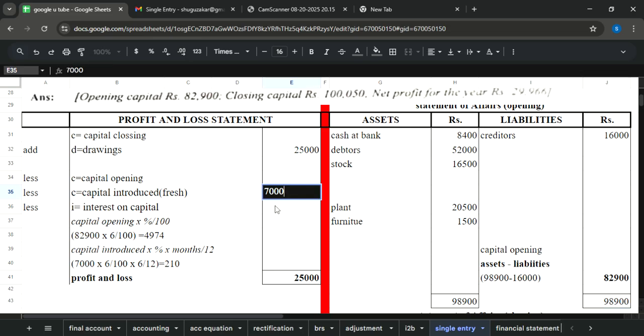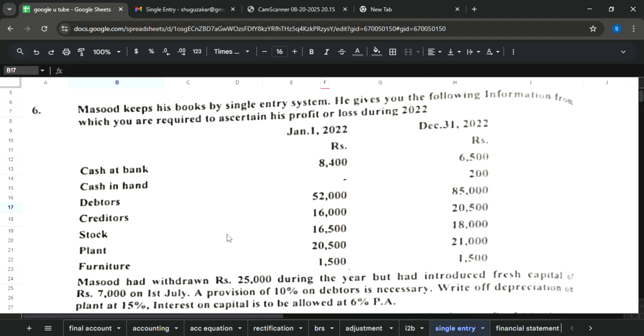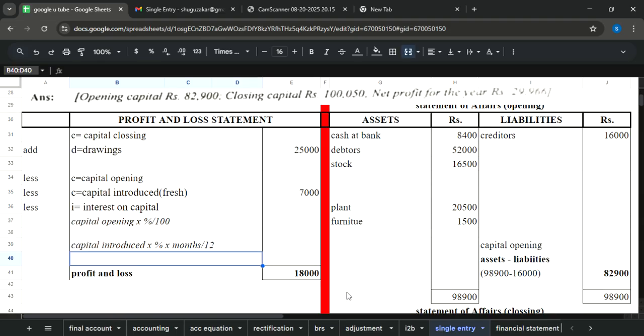Look, why it is important to understand that date, because if interest is present, then you will have to see it. Provision for 10% on debtors. This was your first year concept.